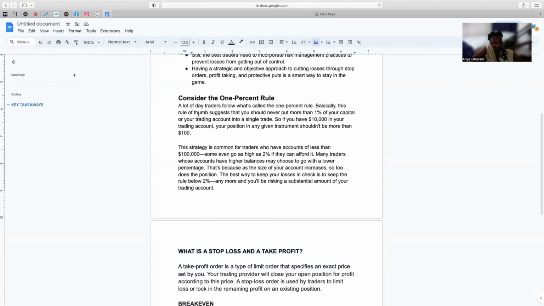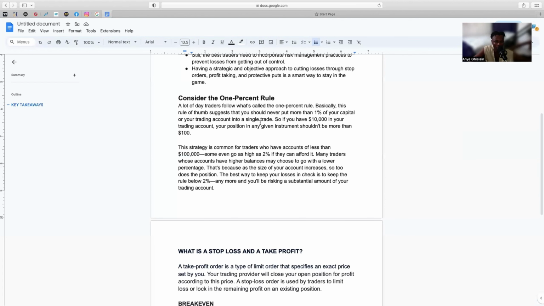A lot of day traders follow what's called the 1% rule. Basically, this rule of thumb suggests that you should never put more than 1% of your capital or your trading account into a single trade. You guys already know this point. I've sung it 1 billion times, both on my free Telegram and in the paid one, right?